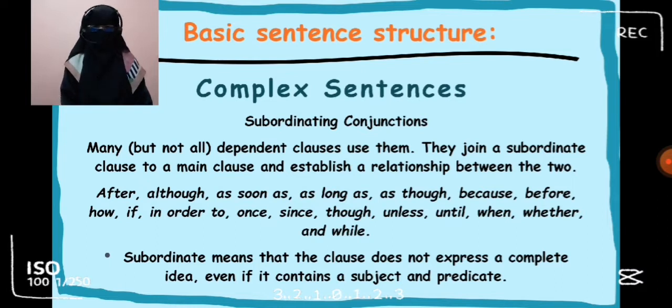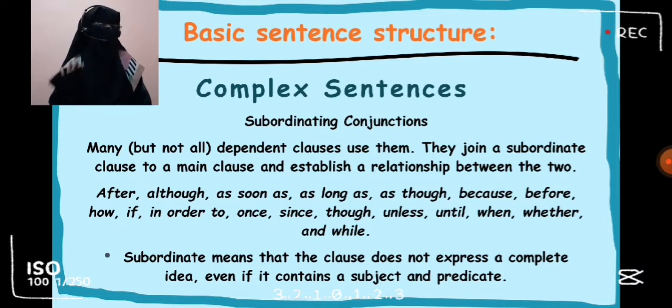They join a subordinate clause to a main clause and establish a relationship between the two. These dependent clauses begin with words like after, although, because, before, once, since, though, and so on and so forth. So we can pick them out of our writing by looking for some of these words.